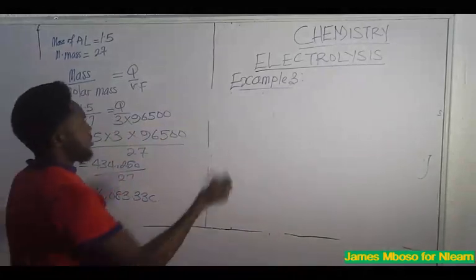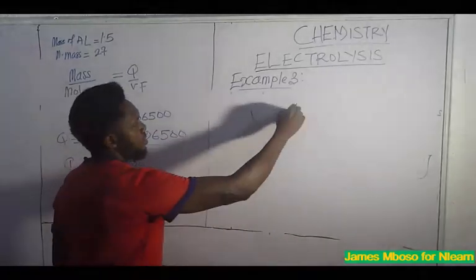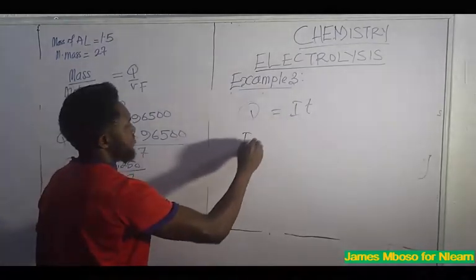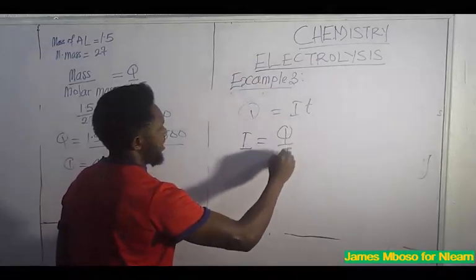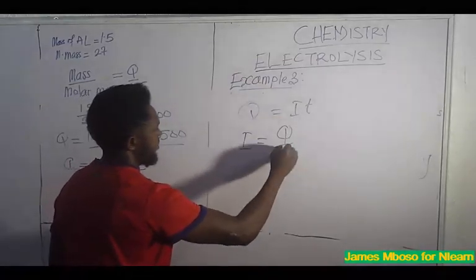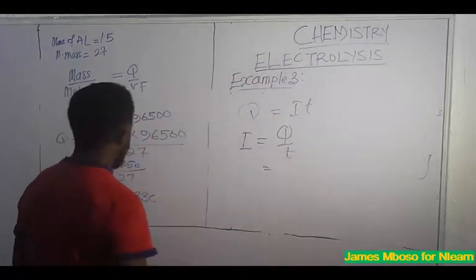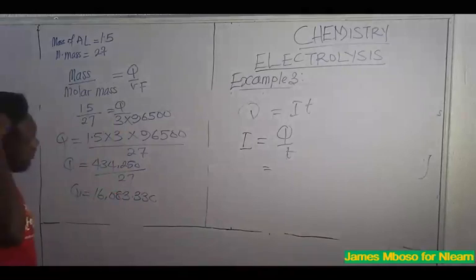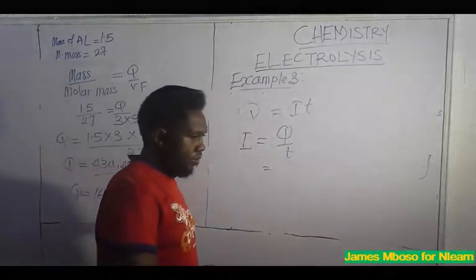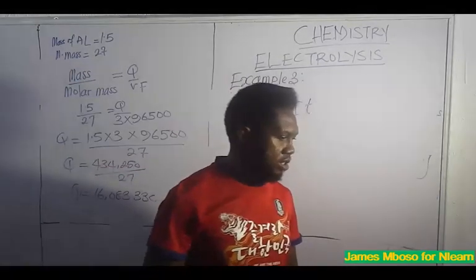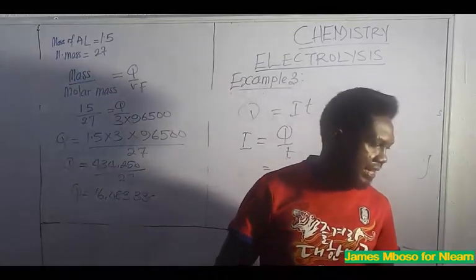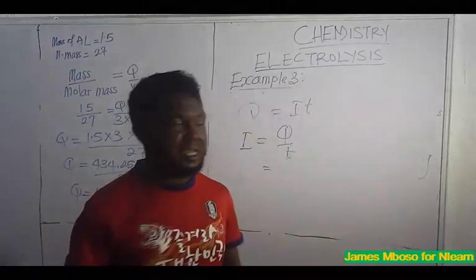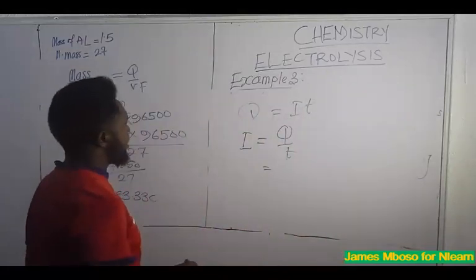So we say Q equals IT. We know the Q. We can make I the subject of formula: I equals Q over T. The time passing in the question is 1 hour 30 minutes.